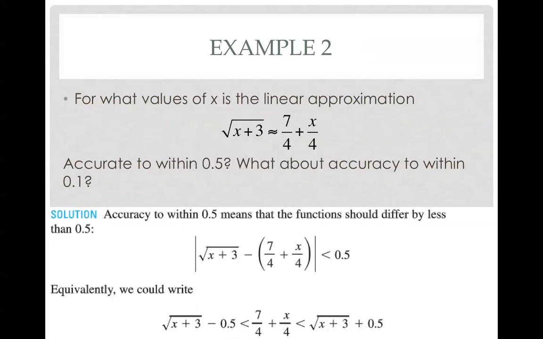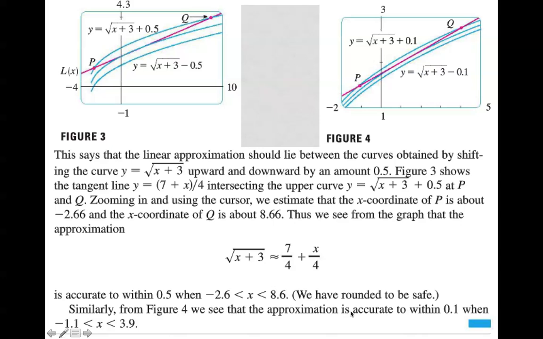So for what values of x is the linear approximation accurate to within 0.5? So we want to know when what we just found is accurate. So we're going to find the difference of them when it is less than 0.5. Now, when it's an absolute value, we don't know if the difference is negative or positive, so we have to write it as such and solve with that information.